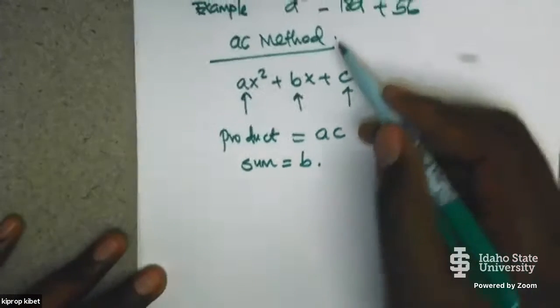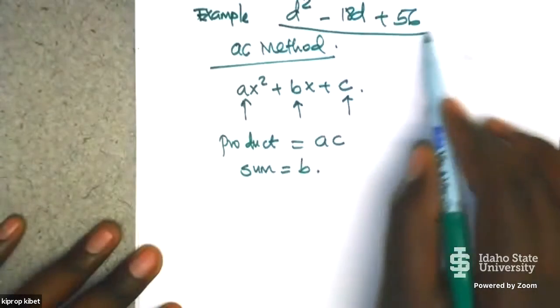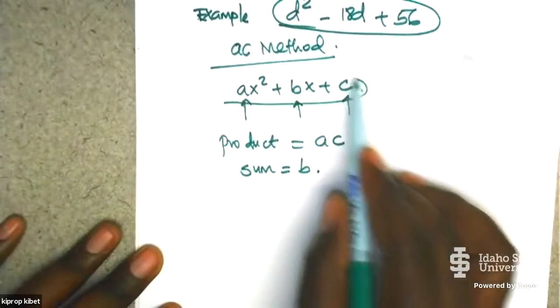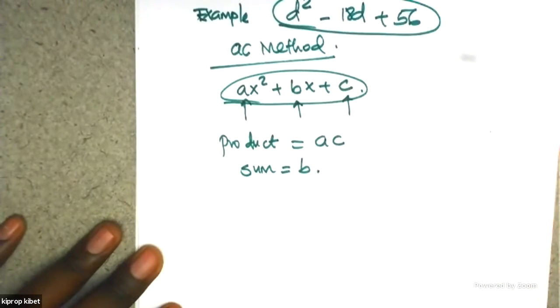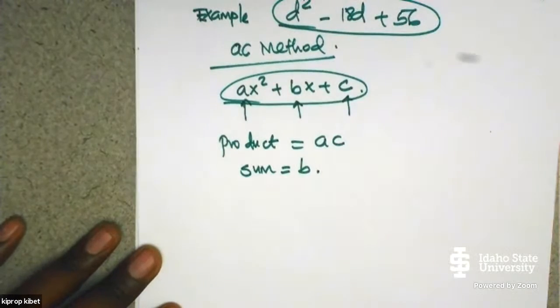This one is similar to that. Now this is d squared, which is similar to x. We can put anything, like y, x, or z.